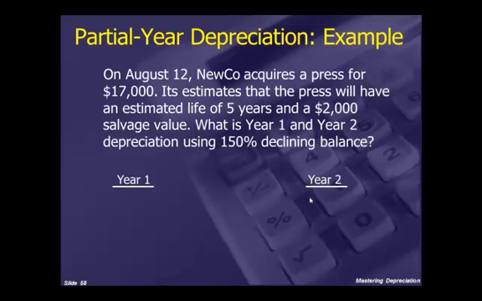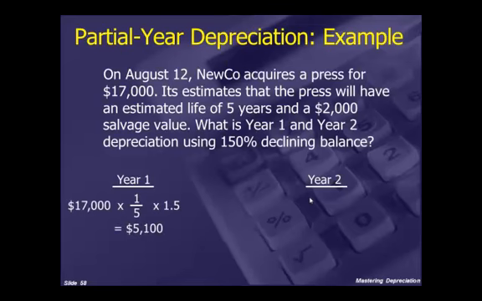Here we have an example. On August 12th, Newco acquires a press for $17,000. It estimates that the press will have an estimated life of 5 years and a $2,000 salvage value, which is the residual value. So we want to know what is year one and year two depreciation using 150% declining balance.